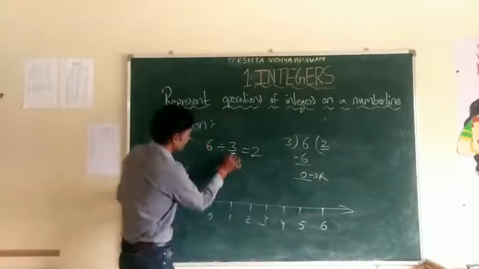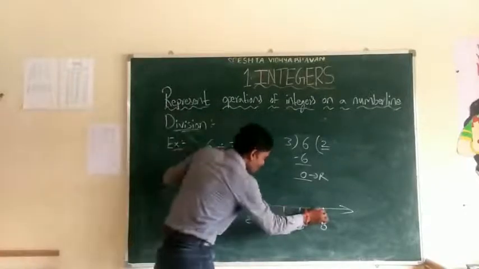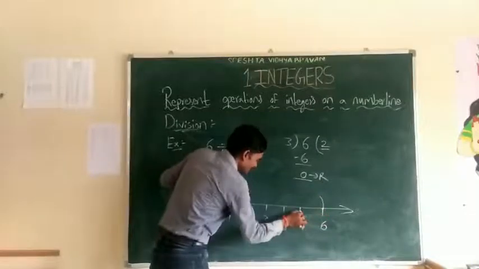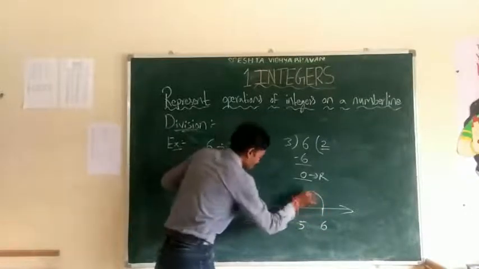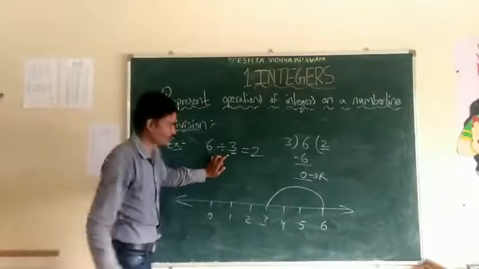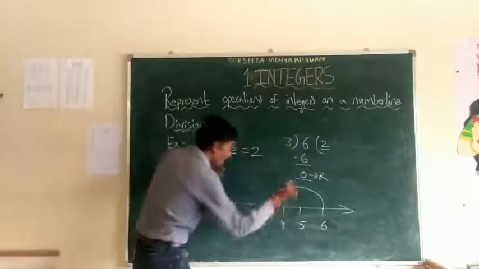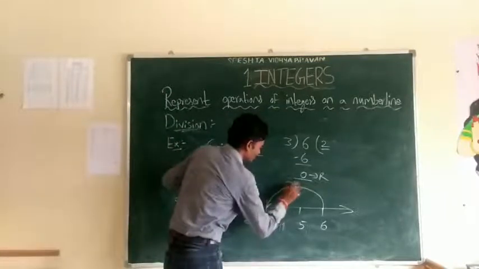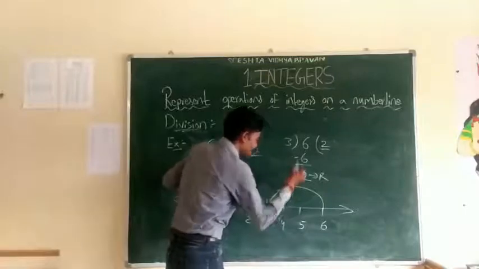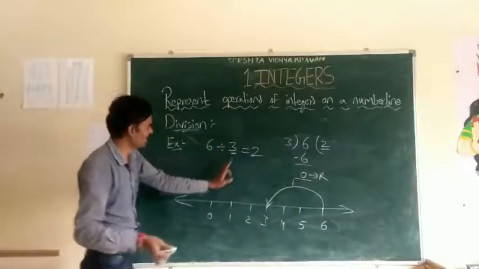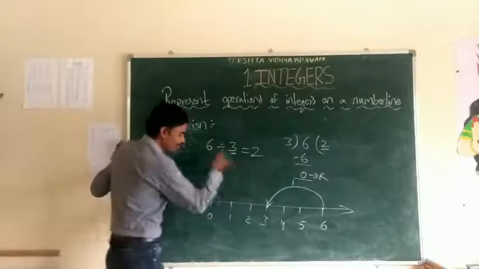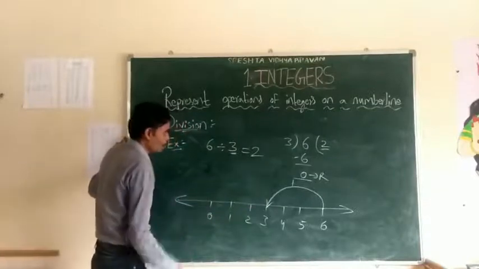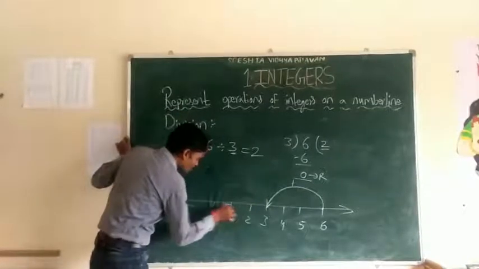The first time it is the 3. 1, 2, 3. 1, 2, 3. We are subtracting the minus 3 at one time, and again we are subtracting the minus 3 at one time. That means 1, 2, 3.